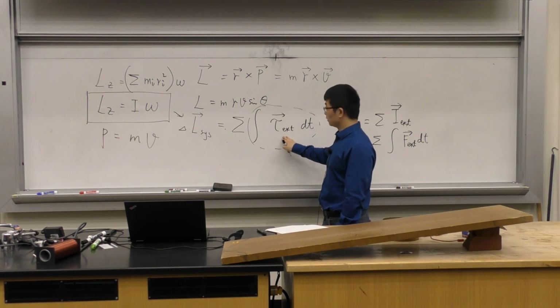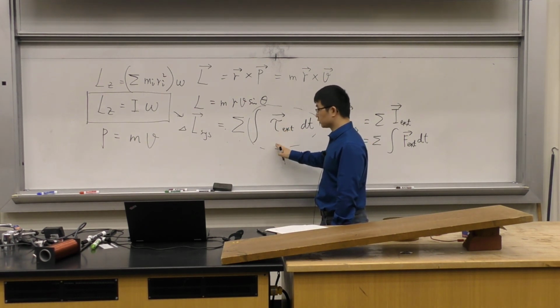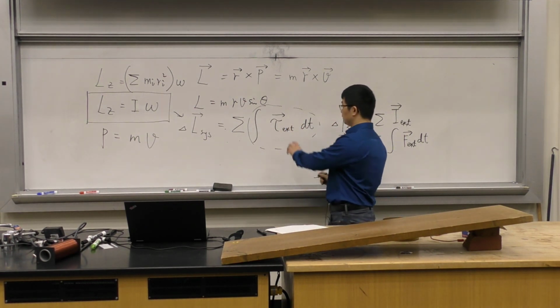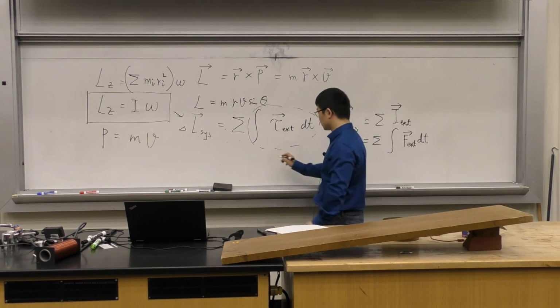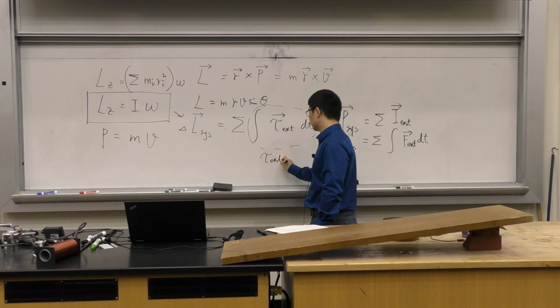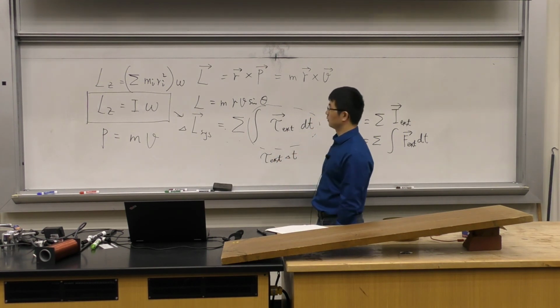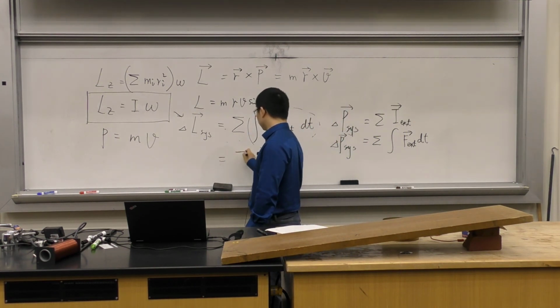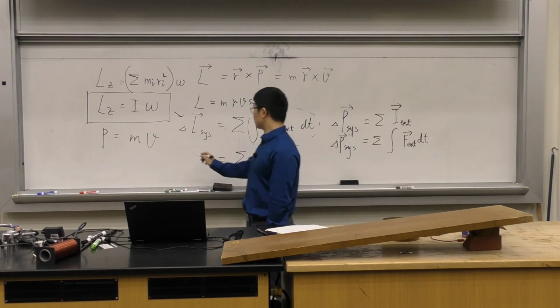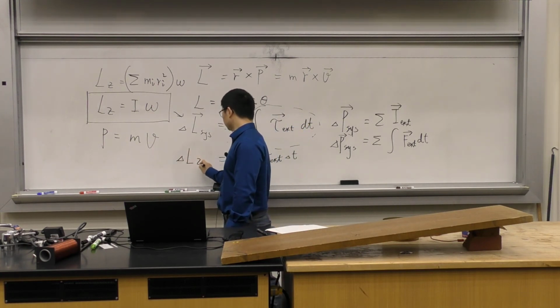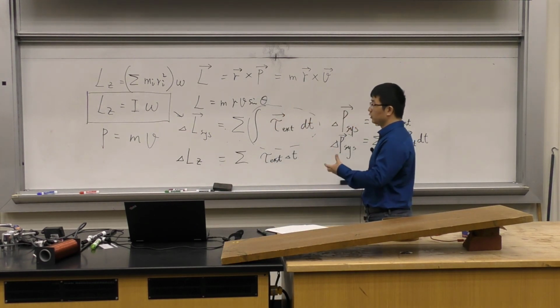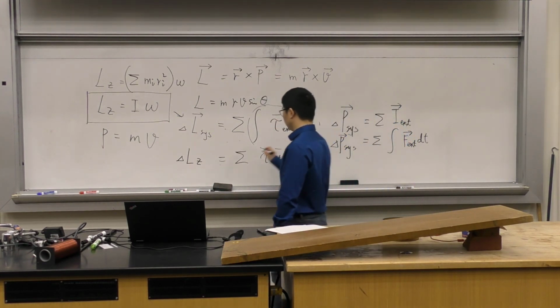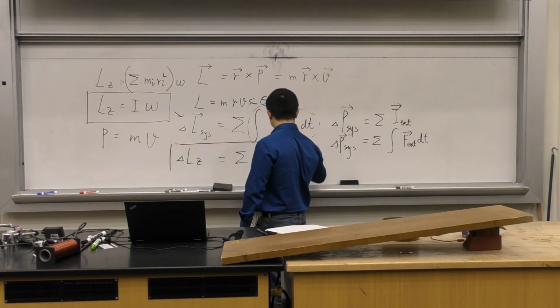The torque and force are still going to be constant. If this number is a constant, you integrate over time and you just get the torque times time. So the right-hand side is going to be this, and the left-hand side is going to be this symbol.